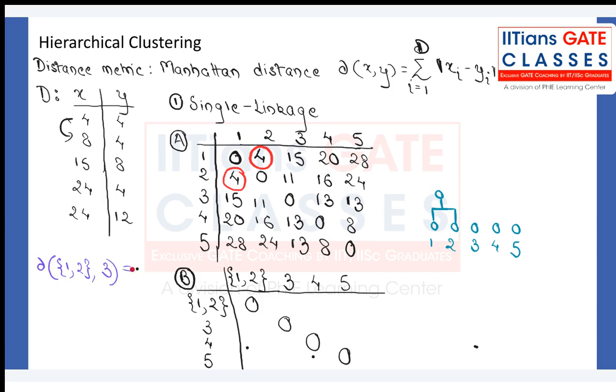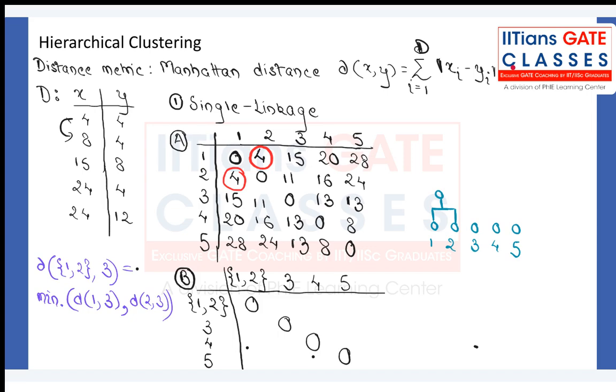For single linkage, we take the minimum of distance of 1,3 and distance of 2,3. From the previous matrix, the distance between 1 and 3 is 15 and between 2 and 3 is 11.